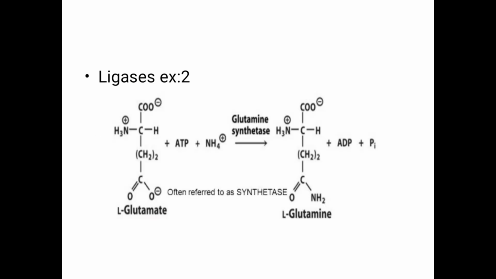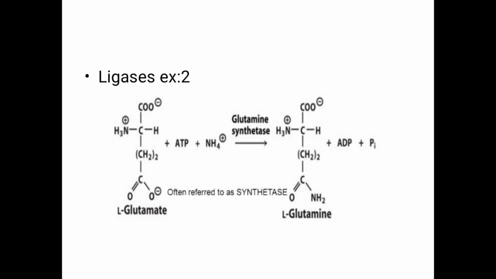The second example is glutamine synthetase. This group of enzymes are called synthetases. Glutamate is converted to L-glutamine. You see the amino acid L-glutamate is converted to L-glutamine. Glutamine synthetase is the enzyme involved.